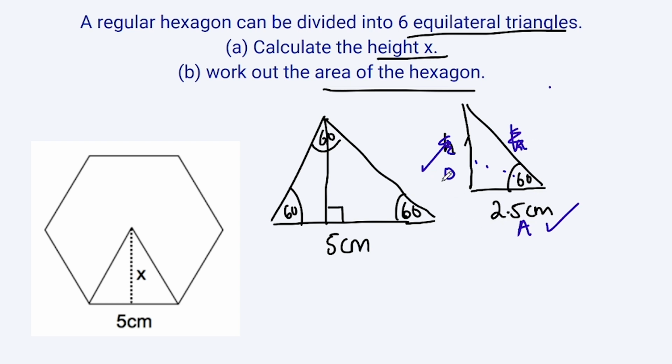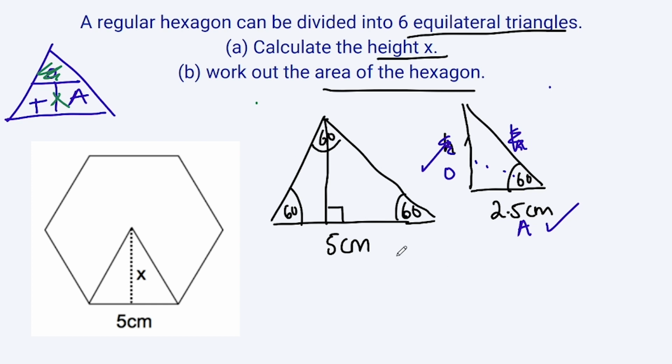Now in order for me to work out the opposite, don't forget we're using the triangle TOA. So TOA. Now in order for me to work out the missing side of opposite, I am going to do tan times adjacent.